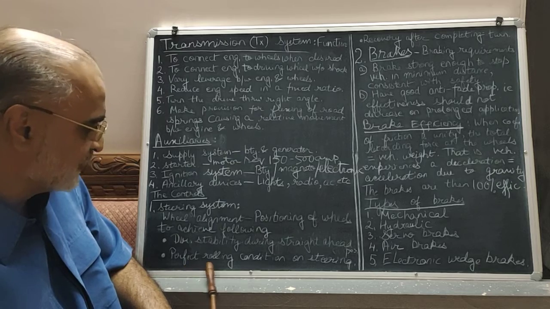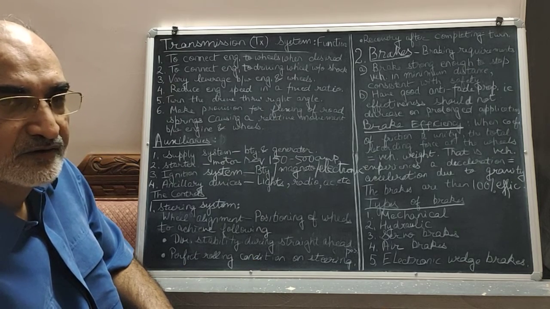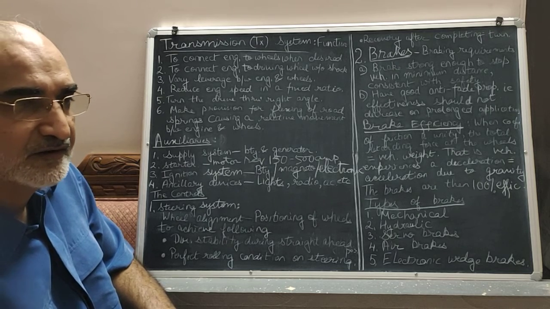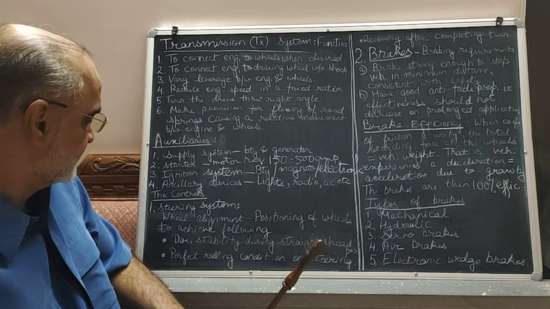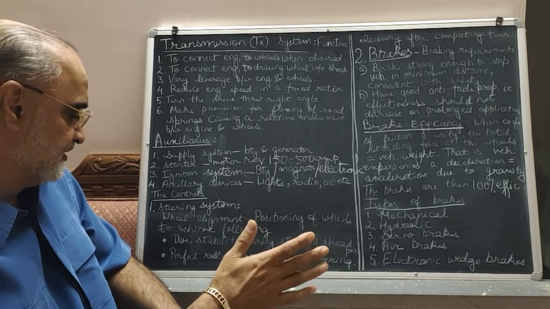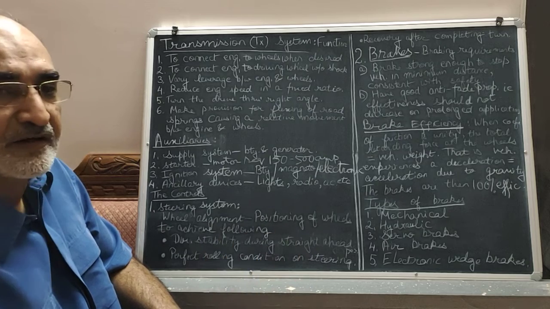Secondly, there should be a perfect rolling condition on steering. There should be no wobble of the wheels. On the road you must have seen a number of cars where they have not got the alignment done, the wheel wobbles. The rolling of the wheels should be perfect rolling condition.